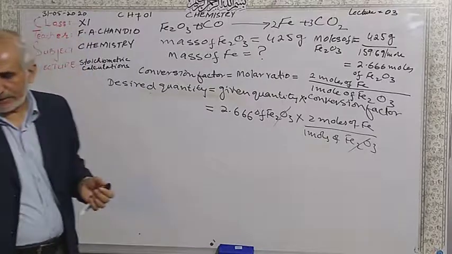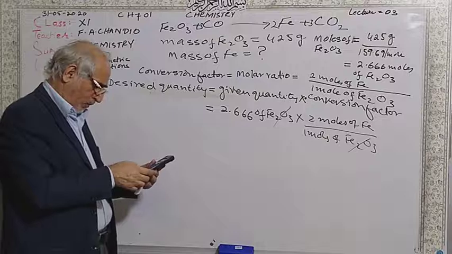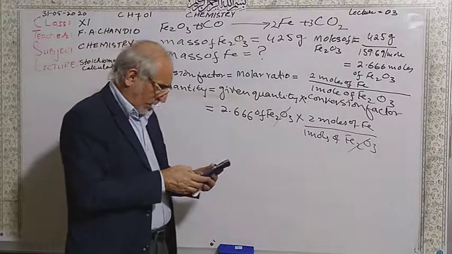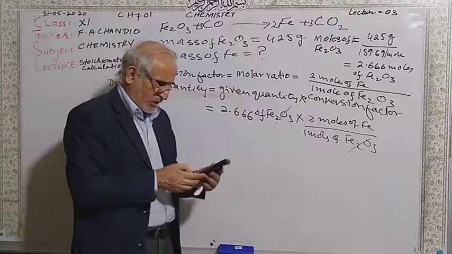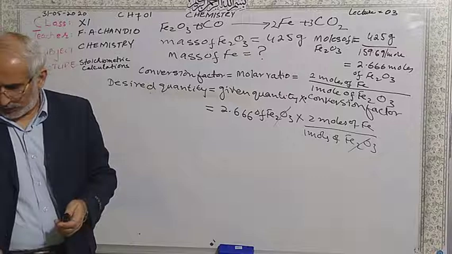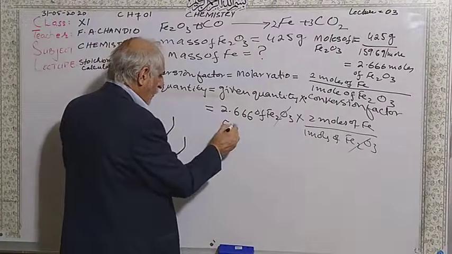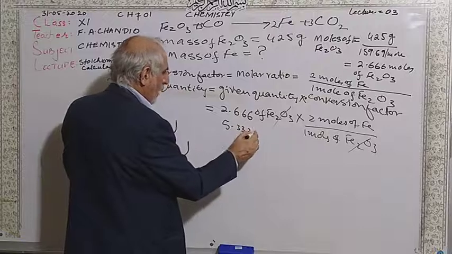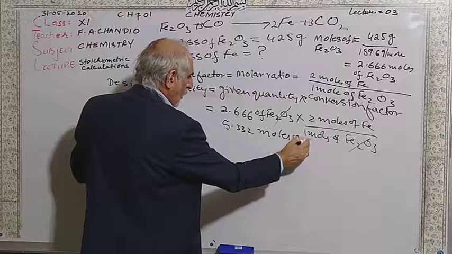So just multiply 2 by 2.666. Your answer will be 5.332 moles of iron.